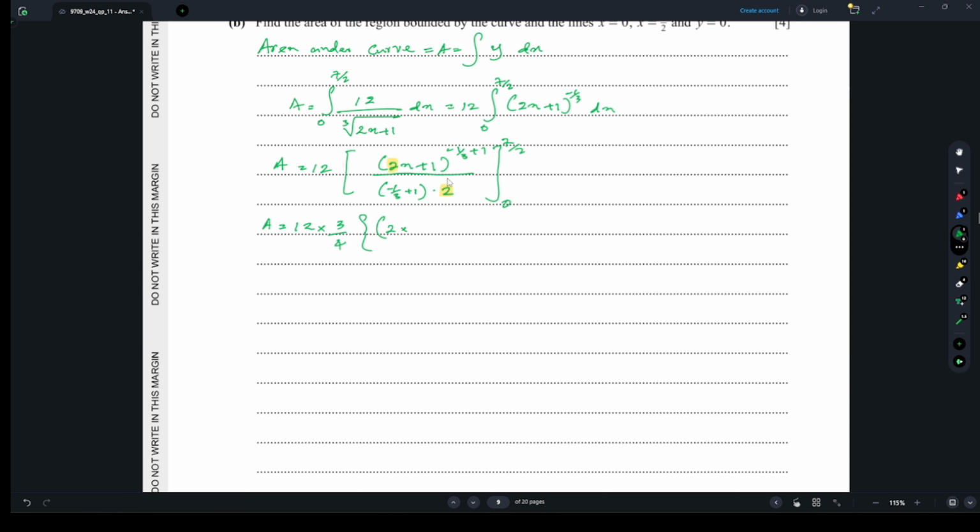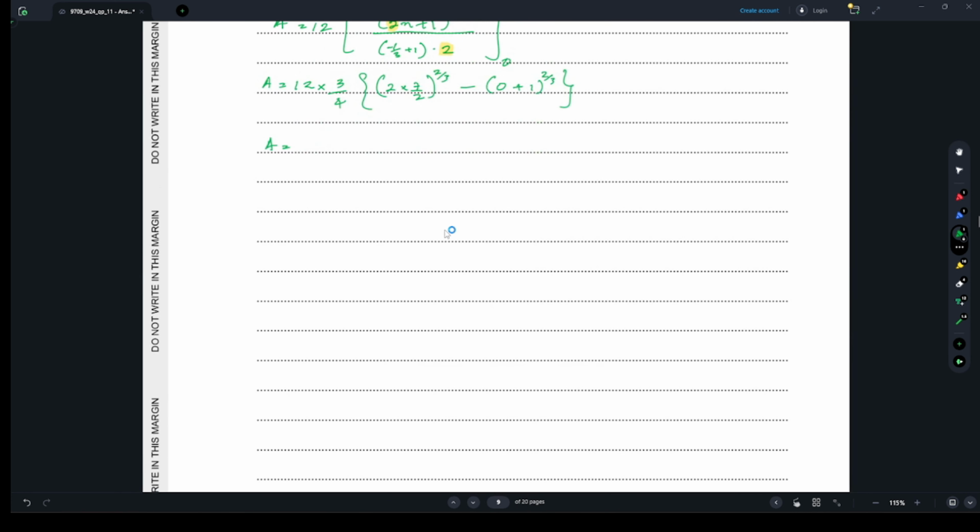So 2 times 7 over 2 plus 1 to the power 2 over 3, minus, we have to substitute 0, so this one, and this is also to the power 2 over 3. Okay. So A equals, here we have 9.